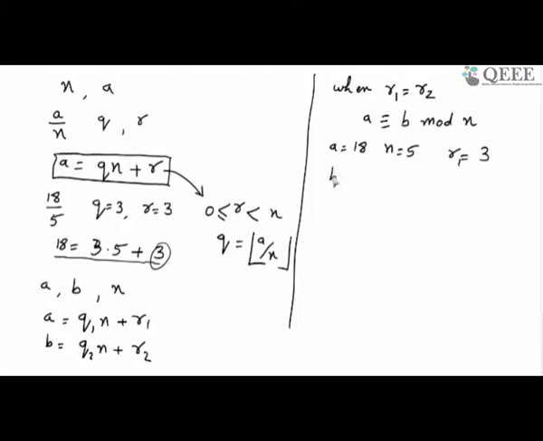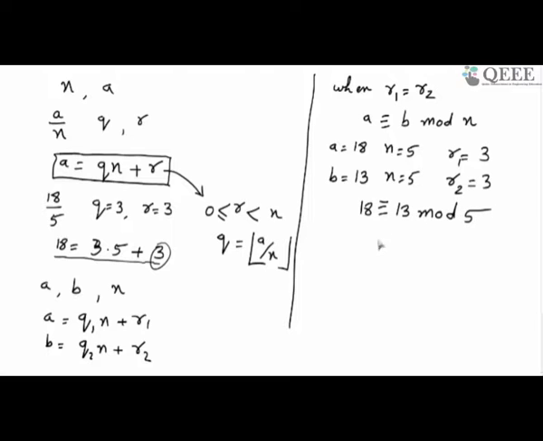Now if we take b equal to, let us say, 13 and n equal to 5, 13 divided by 5 would leave a remainder again equal to 3. So we say that in this case, because the remainders are the same in both cases, modulo 5, 18 is congruent to 13 mod 5.